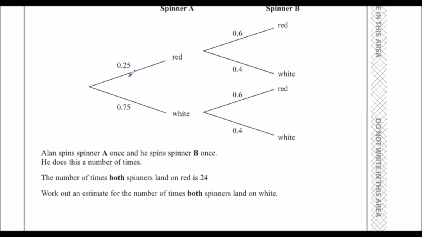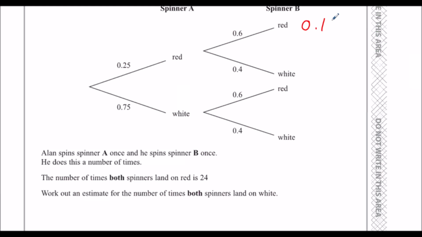So the probability of red, when we go across the branches we times. So 0.25 times 0.6 is 3 over 20 or 0.15.